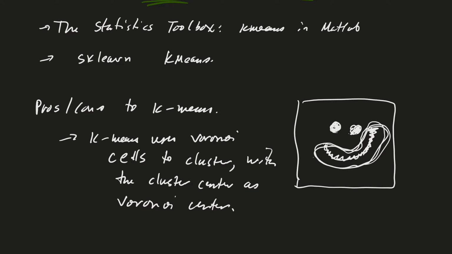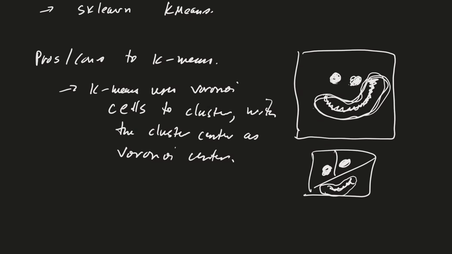Of course, it may be that you might get lucky, and so your data might separate there, and you might be able to separate it this way. But then you're not going to get this shape to appear very nicely. Okay, so that's one problem with k-means.